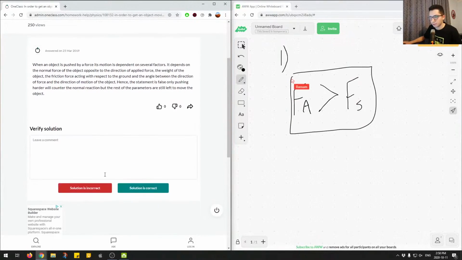So here, correct answer, incomplete explanation. So this statement is false due to Newton's third law of motion.